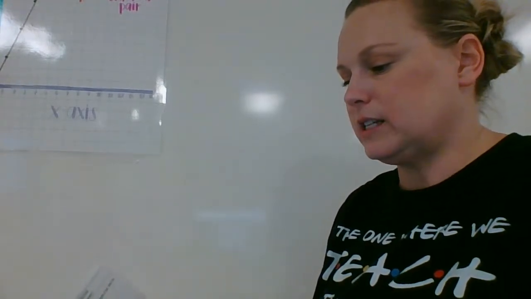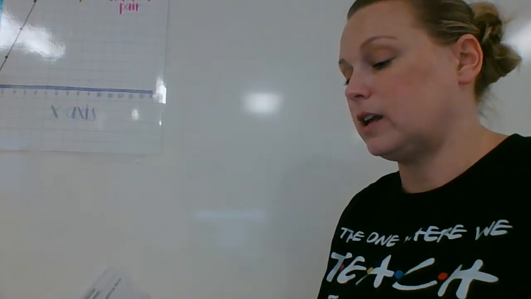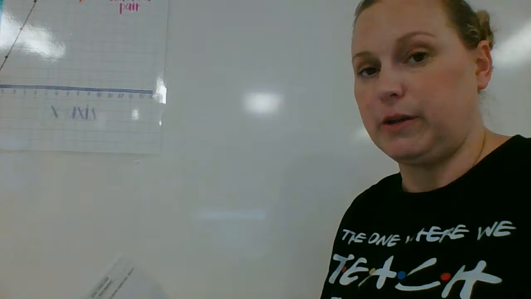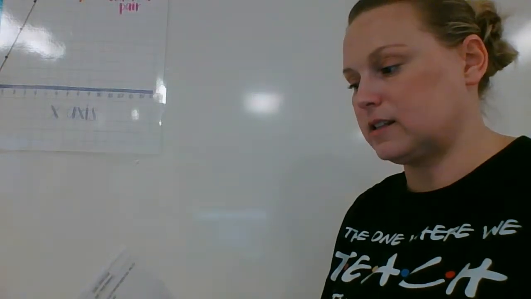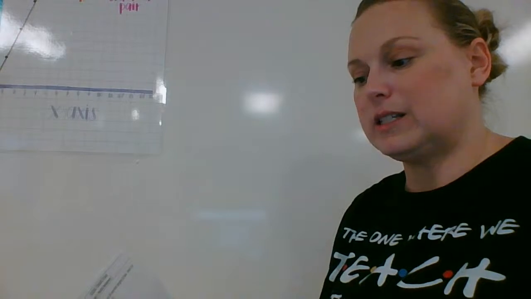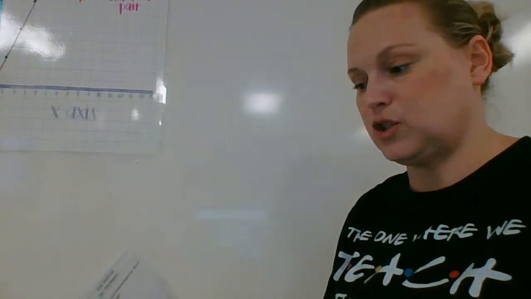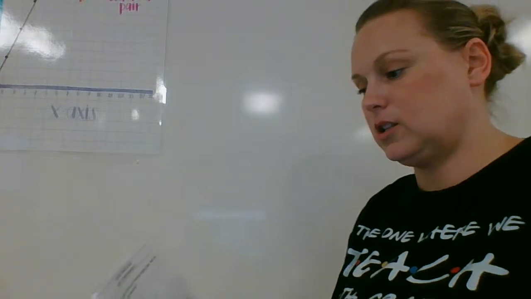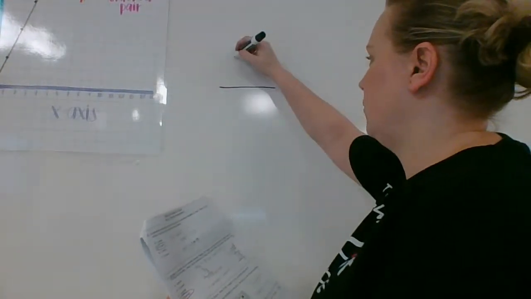A seamstress needs enough lace trim to cut 24 1-foot lengths of lace. What is the number of yards of lace the seamstress needs? So she needs to cut 24 1-foot lengths.